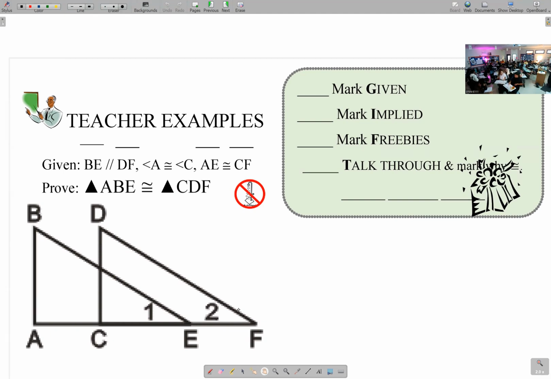I want you to read these three pieces of information, 1, 2, and 3, and mark it on the diagram. That's all I want you to do. You've got 30 seconds. Go. Don't do anything else. Just mark those things on the diagram.